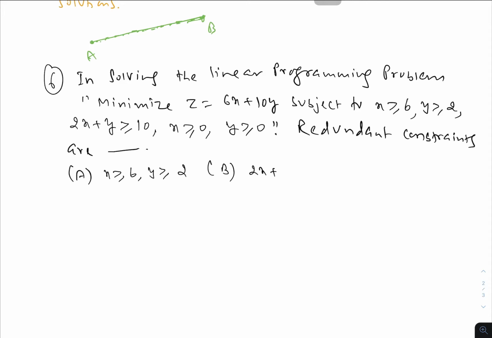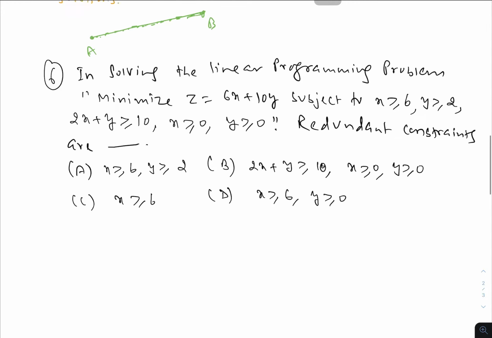Then another option B, 2x plus y greater than or equal to 10, x greater than or equal to 0, y greater than or equal to 0. C, x greater than or equal to 6. And the D option is x greater than or equal to 6, y greater than or equal to 0.